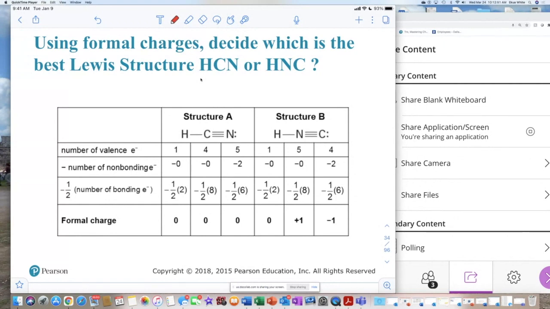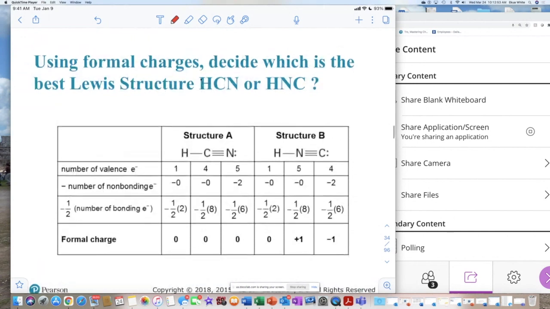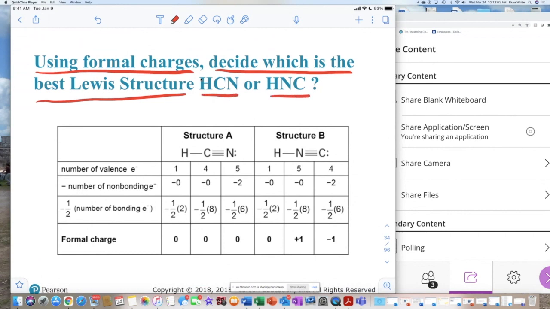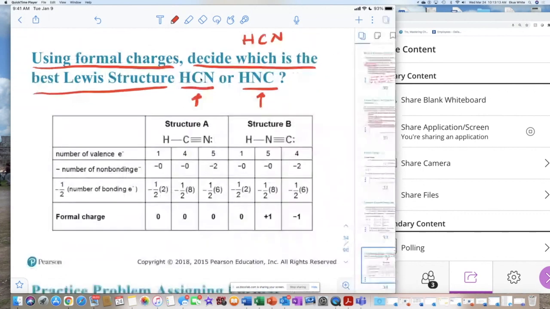So I'll start with this situation here: using formal charges, decide which is the best Lewis structure, HCN or HNC. So apparently, it is possible to draw a Lewis structure for the formula H, C, and N and draw it this way and this way. But of course, one is better than the other, right? So let's go ahead and examine that.